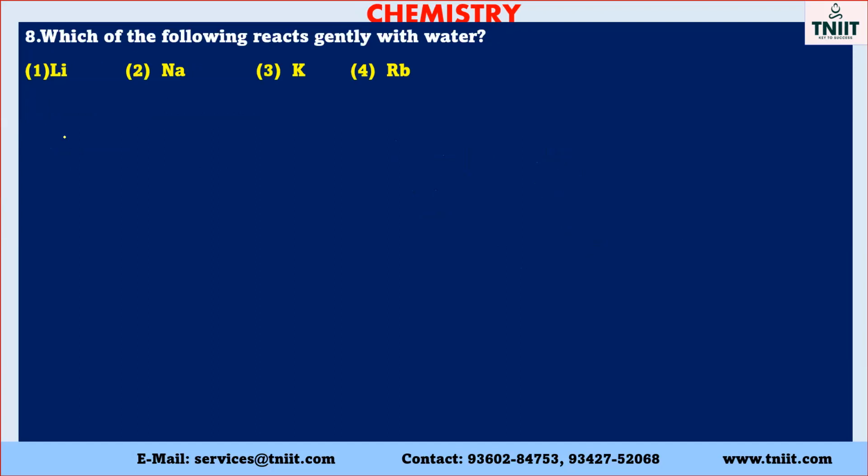The 8th question. Which of the following reacts gently with water? Lithium, sodium, potassium, and rubidium. We know that sodium reacts violently, liberating hydrogen gas. Similarly, potassium and rubidium also react violently with water. But lithium is small, and since lithium is small, it has the greatest ionization potential or ionization energy.